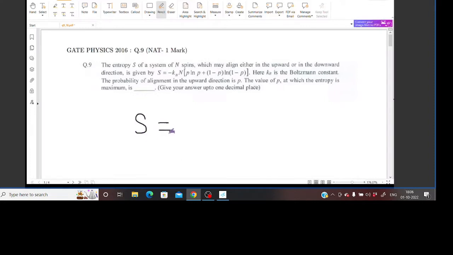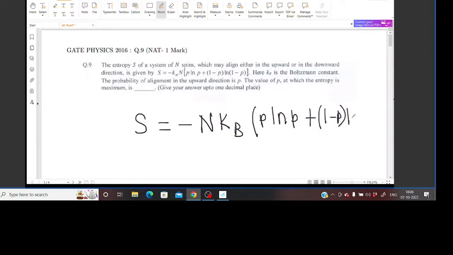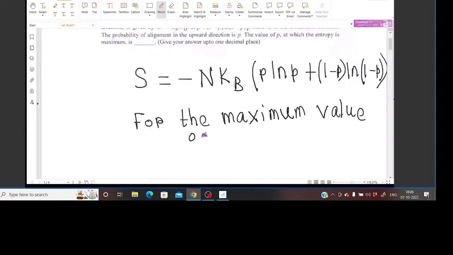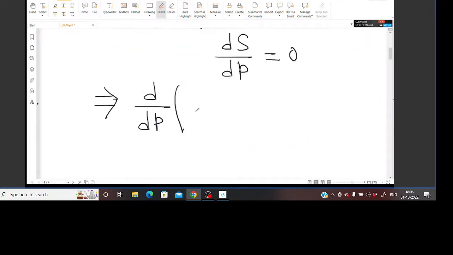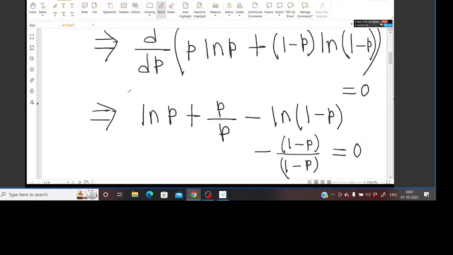In this question, we have S equal to minus n kB [p log p plus (1 minus p) log (1 minus p)]. For the maximum value of entropy, we have dS/dp equal to 0, which means d/dp of [p log p plus (1 minus p) log (1 minus p)] equal to 0. After differentiating, we get log p plus p by p minus log (1 minus p) minus (1 minus p) by (1 minus p) equal to 0.